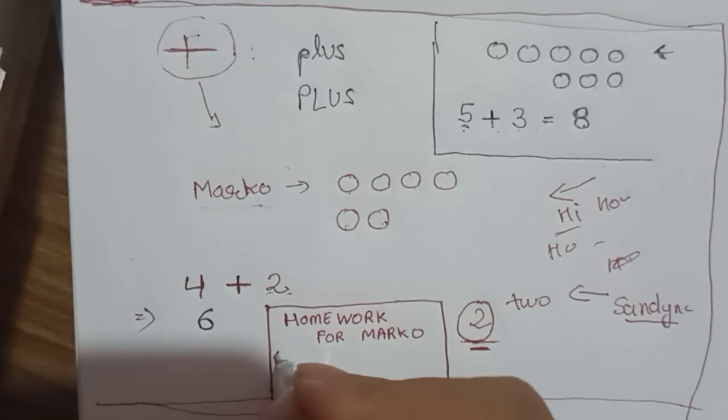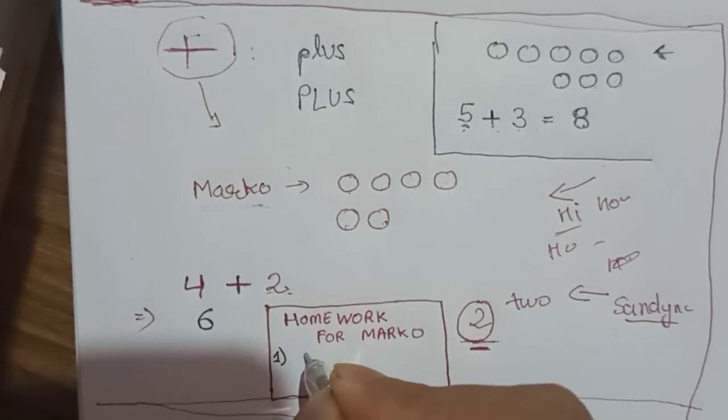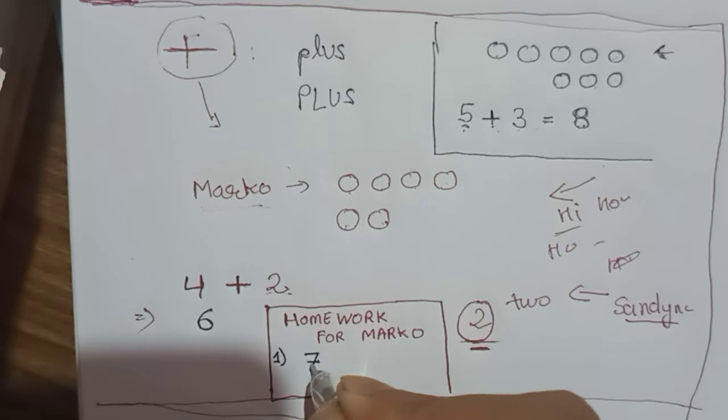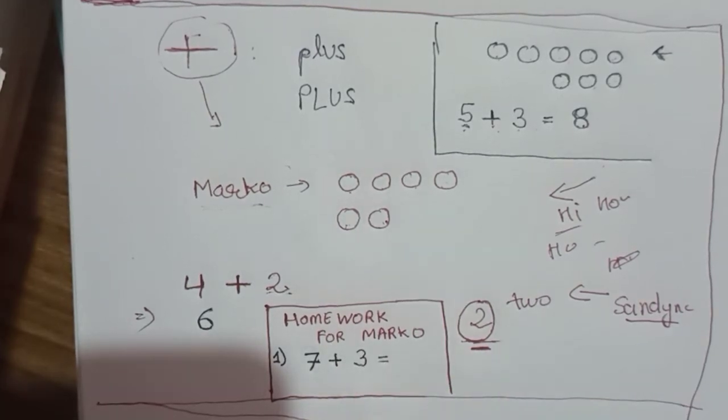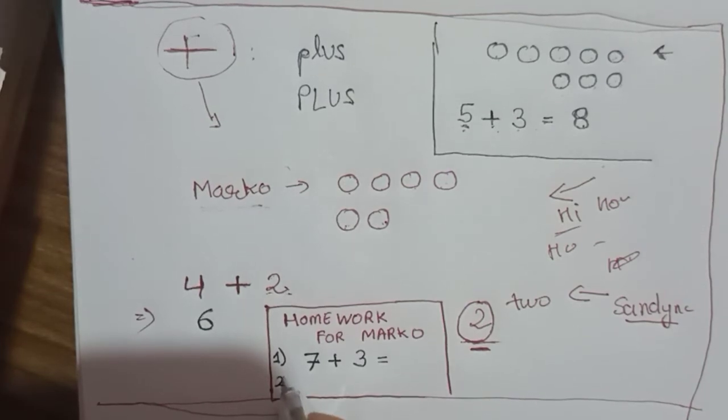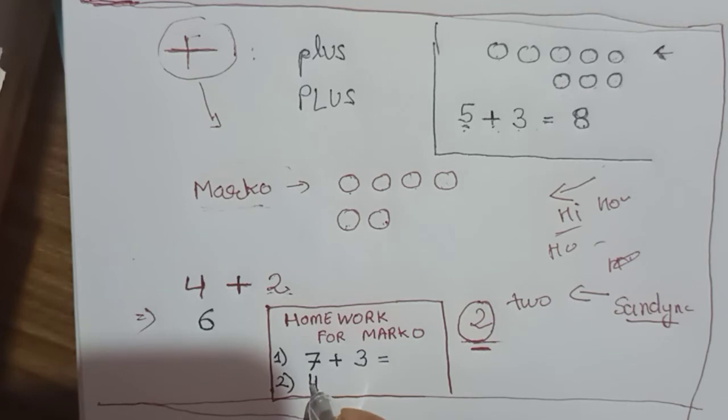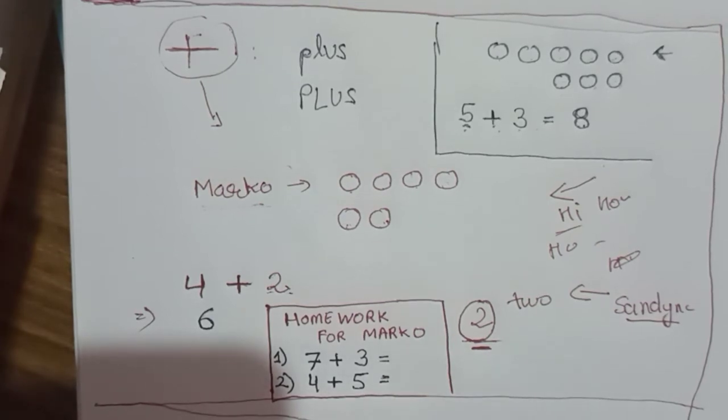Question number 1 is 7 plus 3. What is 7 plus 3? And question number 2 is 4 plus 5. Okay, you have to tell me this, Marco.